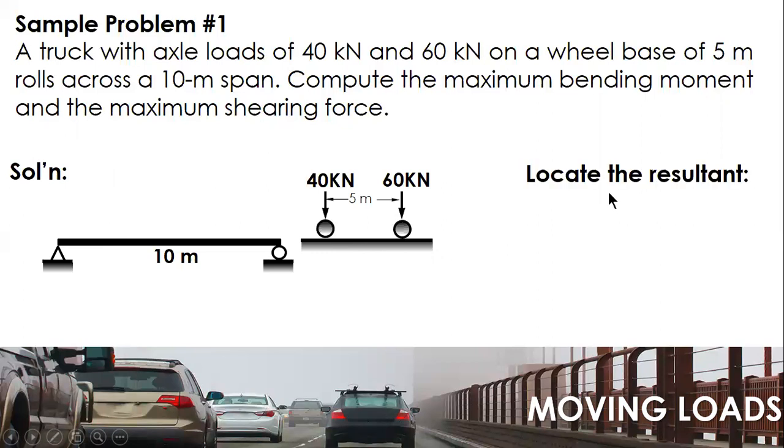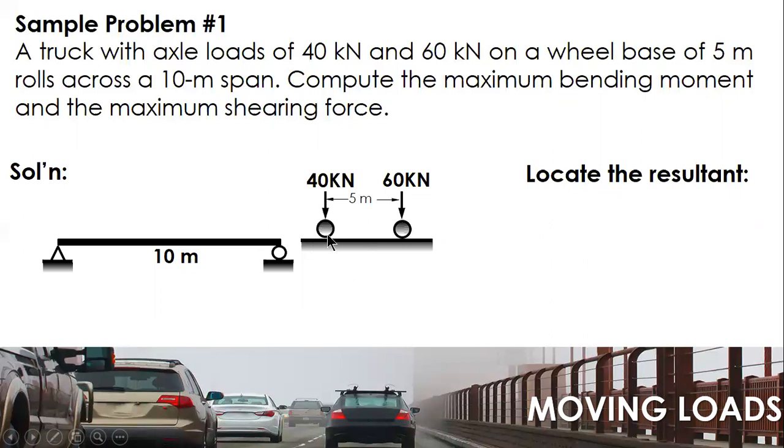So, first, locate the resultant using Varignon's theorem. Similar to the centroid of composite area: total area times x bar equals area 1 times x1 plus area 2 times x2 and so on. In this case, force. Total force or resultant times x bar equals F1 x1 plus F2 x2 and so on.